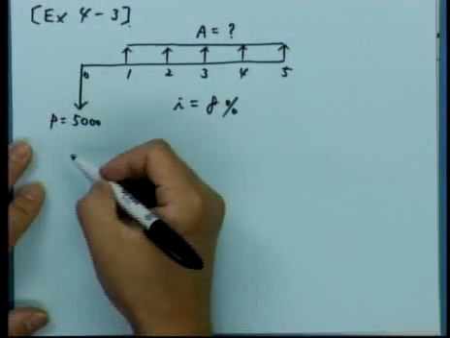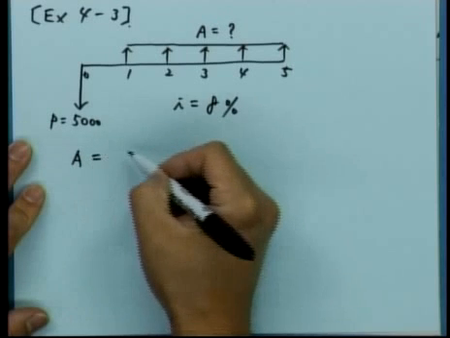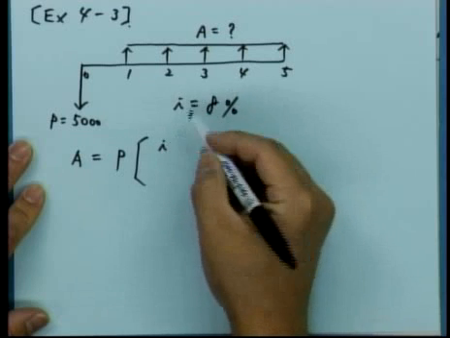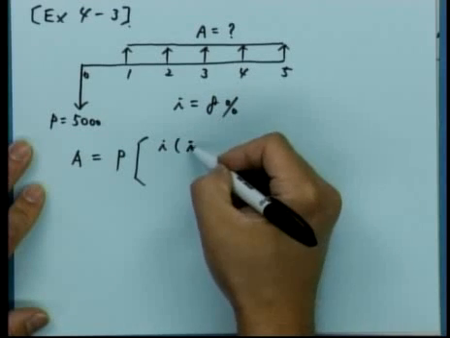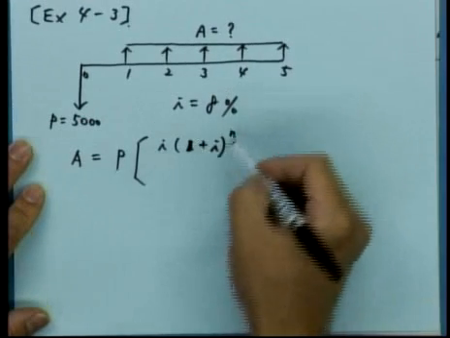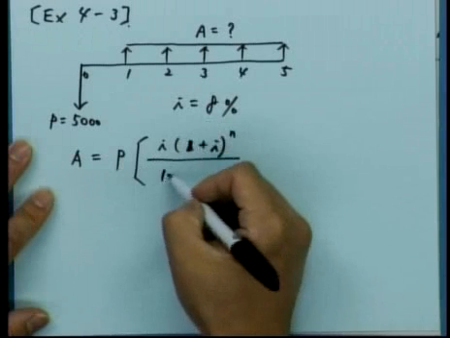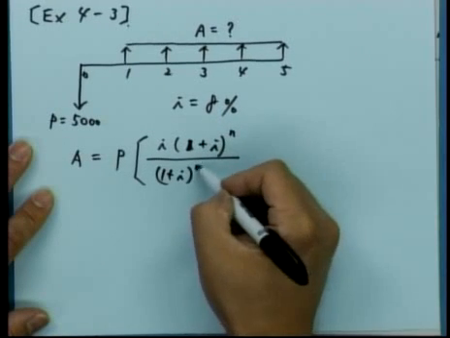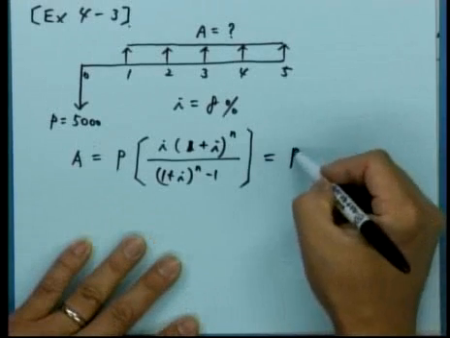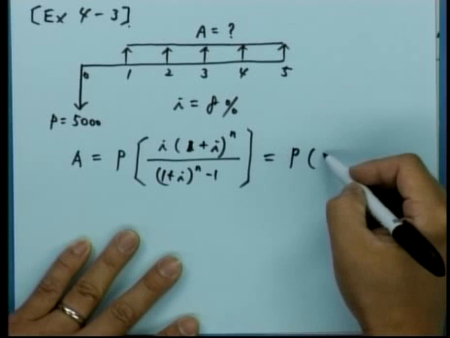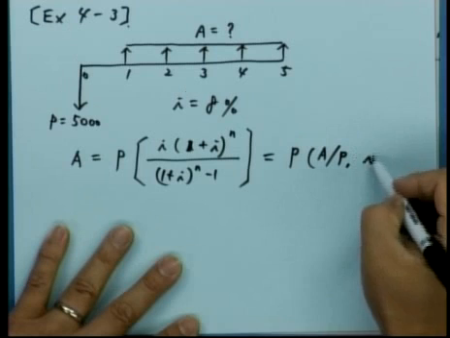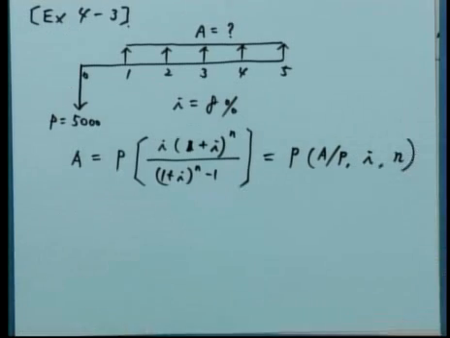So we are going to use the formula A equals P times I times (1 plus I) to the power n over (1 plus I to the power n minus 1). Another expression is P times A given P, I% over n periods. Okay.